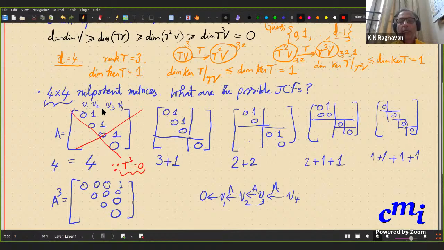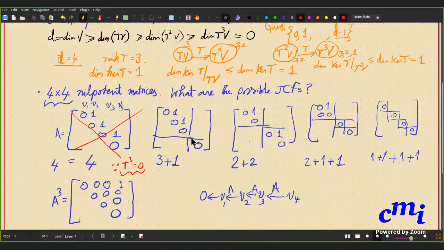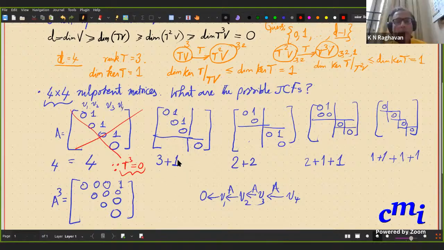These are the 4 possibilities left. So what are the possibilities for the dimension? So here, what is the kernel and what is the rank? 2 and 2. Okay. So here, dimension of TV. I'll use a different color here.